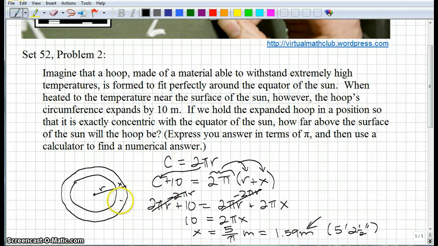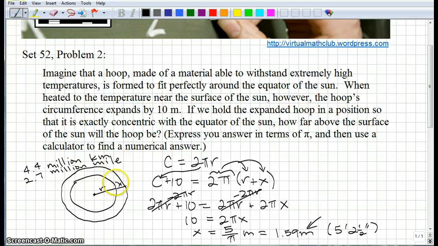You almost would think that because the circumference of the sun is like 4.4 million kilometers, okay, I looked that up, so that's about 2.7 million miles, that's huge, it would seem that this 10 meters is pretty insignificant compared to the circumference of the sun.